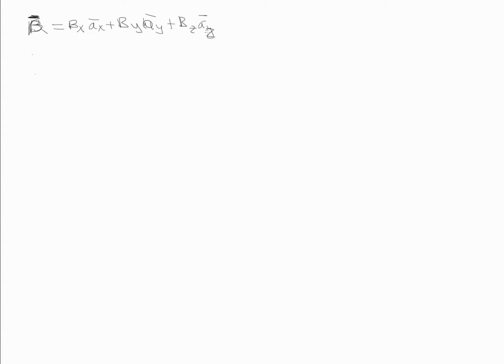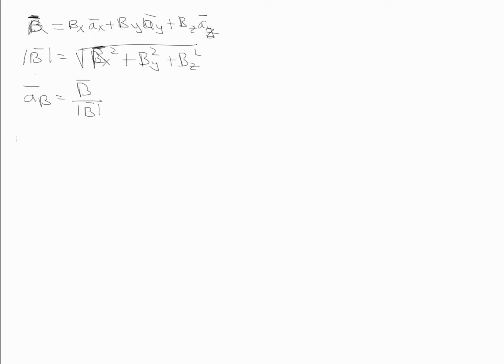And you can get the magnitude, equal to the square root of bx squared plus by squared plus bz squared. And if you want the unit vector, it's just b divided by the magnitude of b, which I give right there.